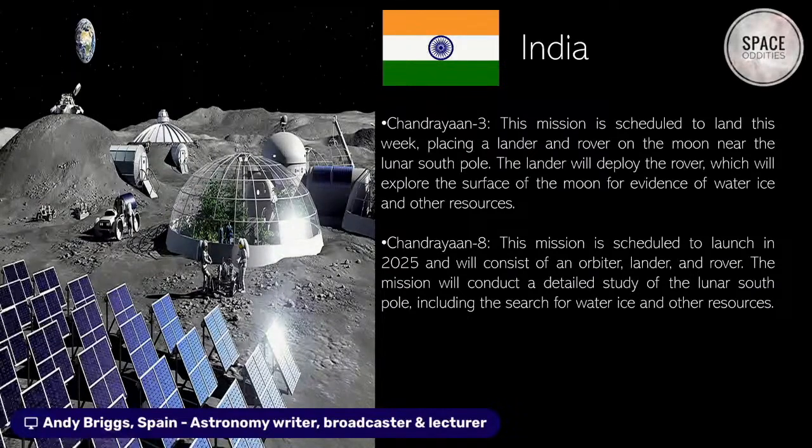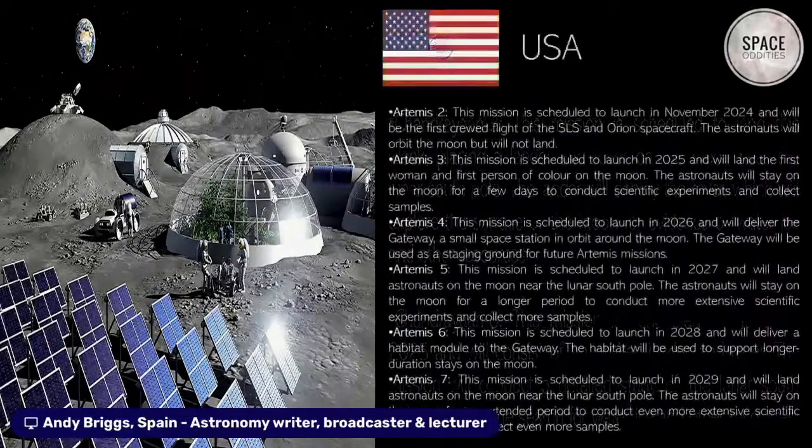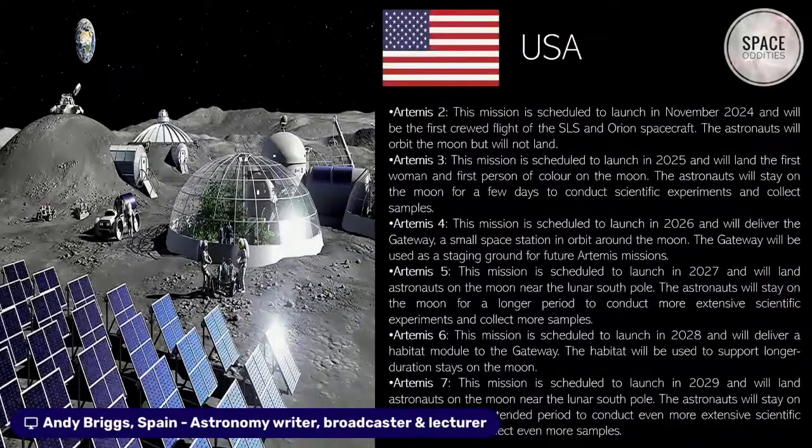I don't know why the numbering has changed so much, but it's scheduled to launch in 2025. And like Chandrayaan-3, it will consist of an orbiter and a lander and a rover. And they're going to conduct a detailed study of the lunar South Pole, including the search for water, ice, and other resources.